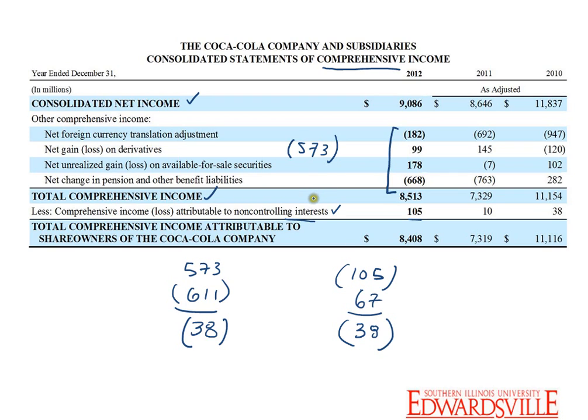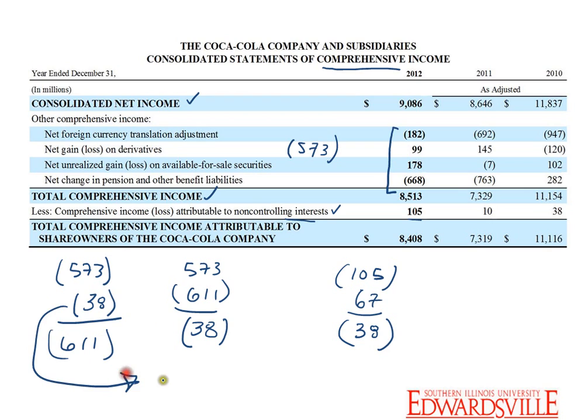So if you're just looking at the comprehensive income statement, what you could say is you have 573 and you add 38 and you end up with a 611 loss. This is a non-controlling interest adjustment.